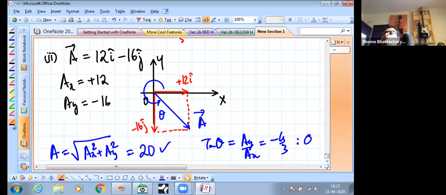In quadrant 4. Okay. So we'll have to use the formula of quadrant 4. So I'm just coming to that. How you'll use that formula to find the angle theta. And Sarvesh, to answer your question, if theta is 0, you know cos 0 is 1 and sin 0 is 0. So if the angle it's making with the x-axis is 0, then that vector only has an x component. It does not have a y component.